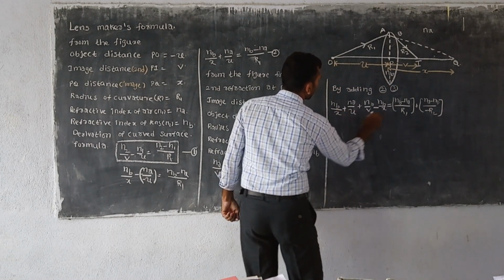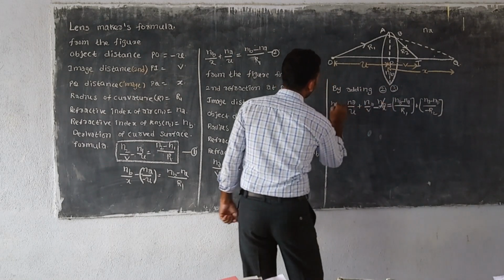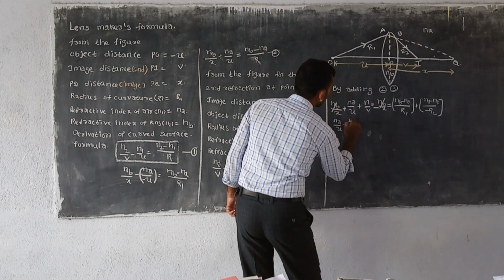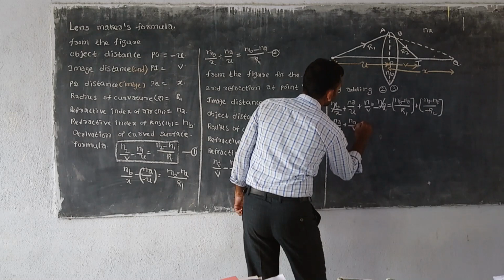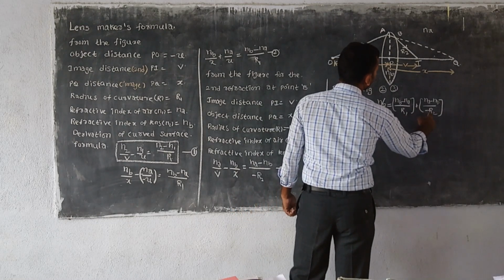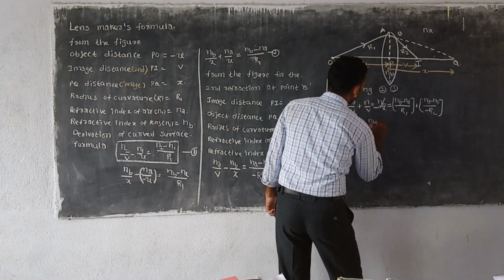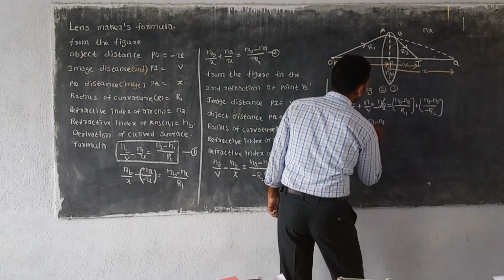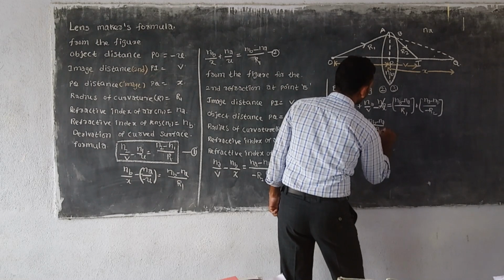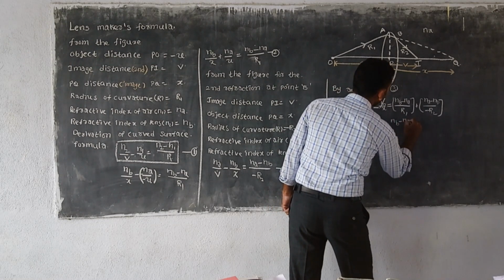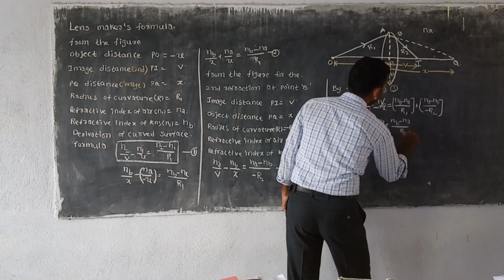So what can we write here? NB by x will cancel. So NA by U plus NA by V equals NB minus NA by R1 plus NB minus NA by R2. How is this possible?